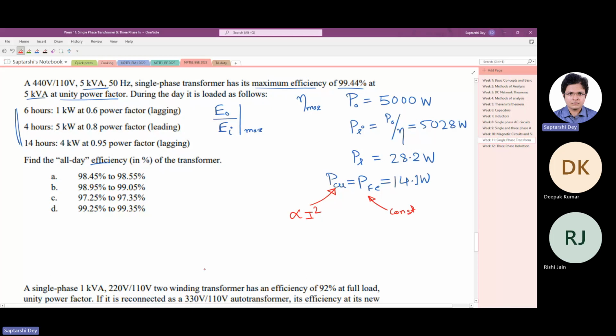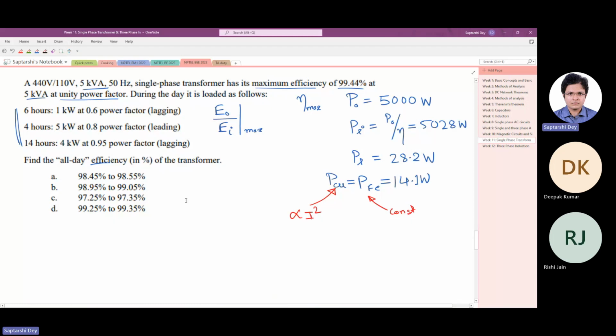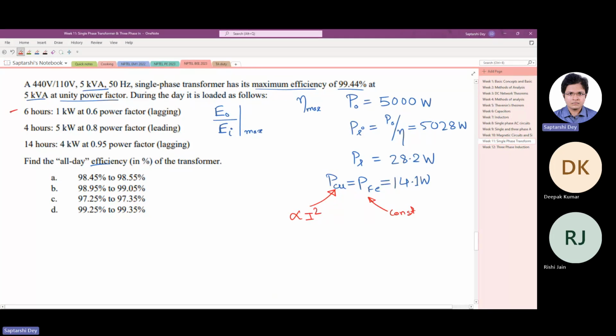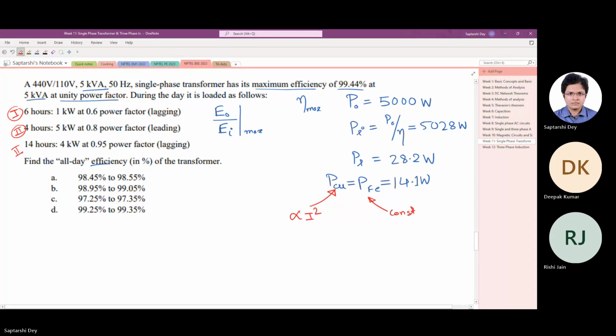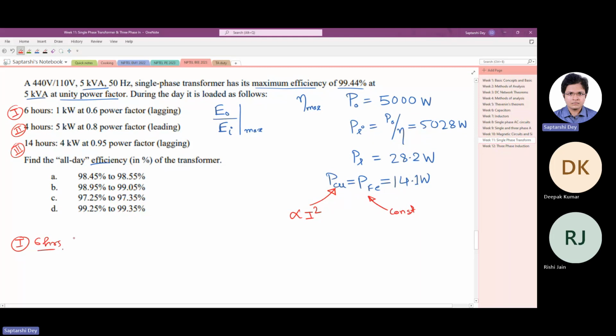Now we have the load profile. For all the cases, we have to find out the losses, the total loss. So we will divide it into 3 sectors. For sector 1, for 6 hours, what happens?